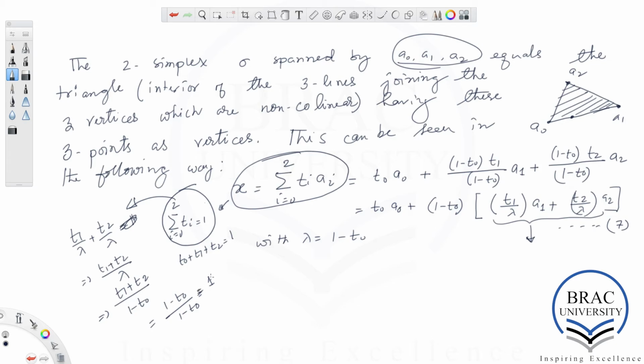So the sum of these two scalars is 1. What does that mean?